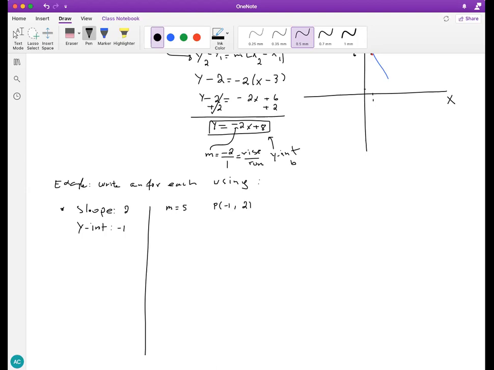So in this case, I've given you the slope m and y-intercept, then the slope and a point. And the third one, nothing but 2 points. Let's say 3, -1, maybe -2, and 4.